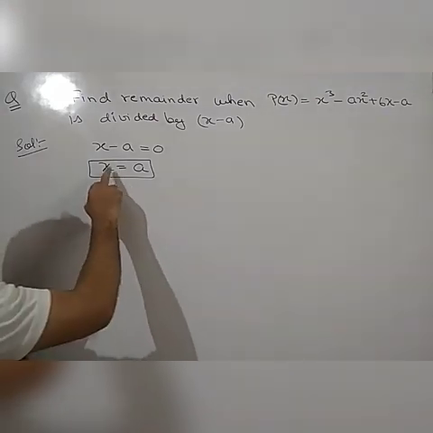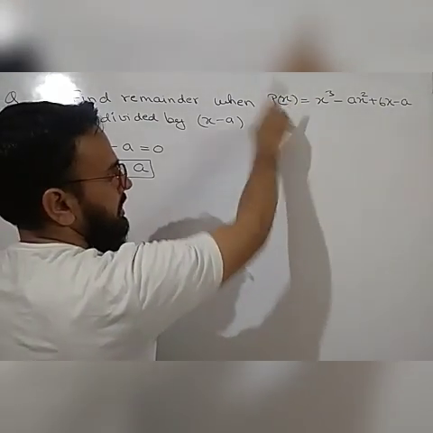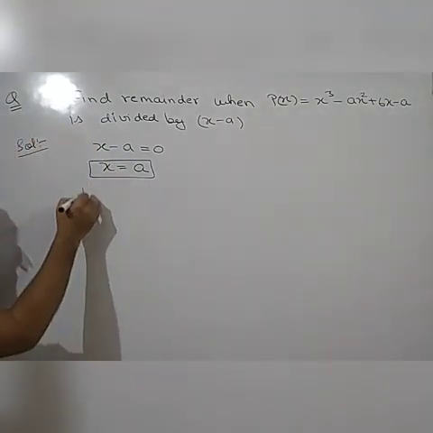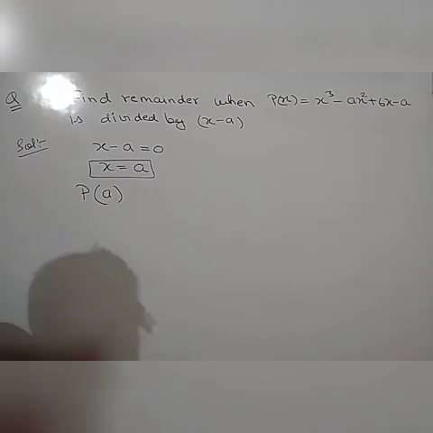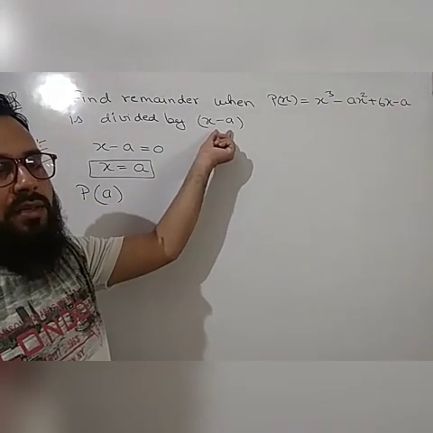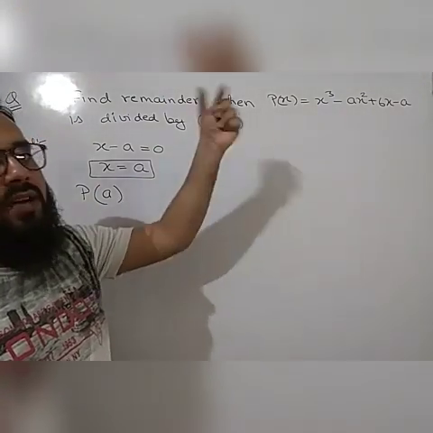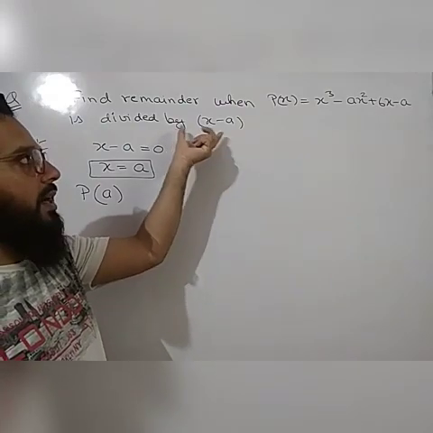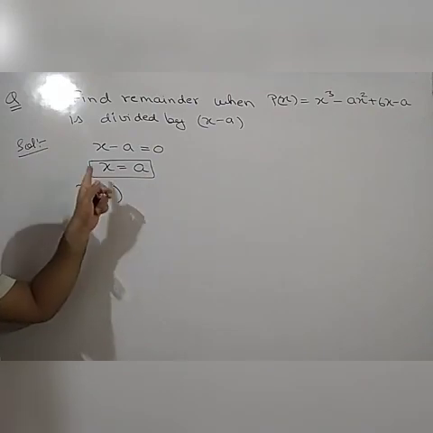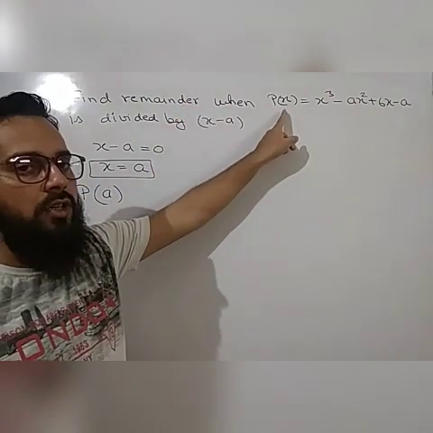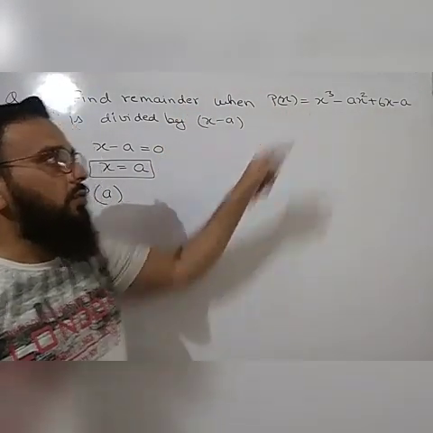Now putting this value of x in the given polynomial, the remainder will be p of a. When we put the polynomial by which we have to divide equal to 0, we get the value of x. Now put this value of x in the given polynomial which we have to divide.